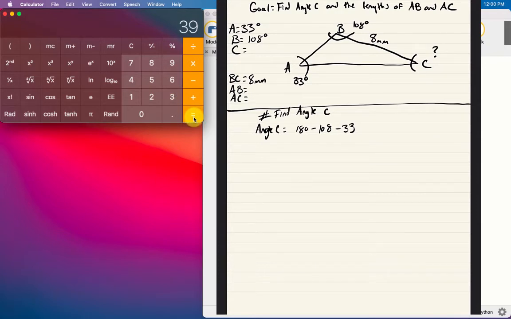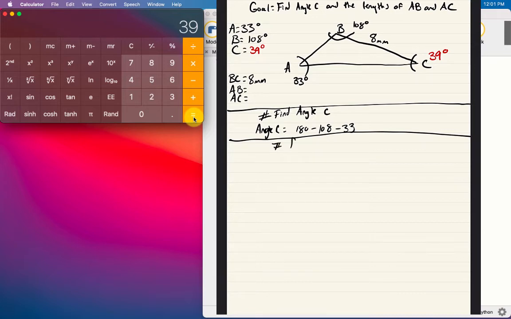So let's go back and fill that in. I'll delete this and put that in red. So we know that's 39 degrees, and we can fill that in over here. Cool. We found one of the things.